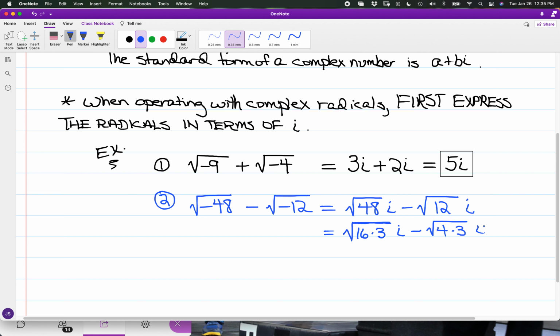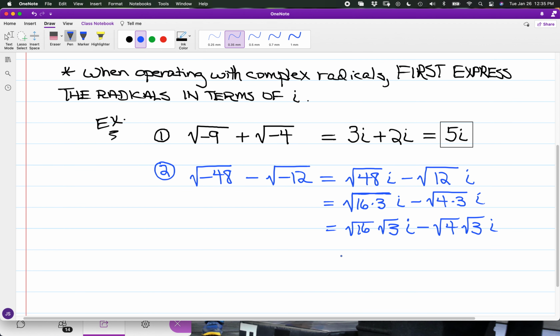So for the square root of 48 i, we have the square root of 16 times the square root of 3 times i, and for the square root of 12 i, the square root of 4 times the square root of 3 times i. Reducing, for the square root of 48 i, you have 4 times the square root of 3 times i. For the square root of 12 i, you have 2 times the square root of 3 times i.